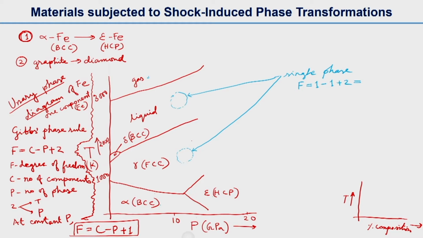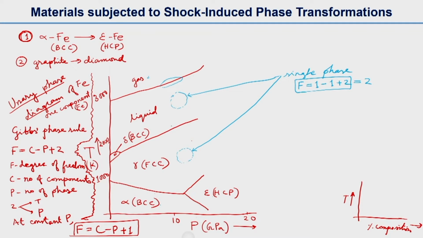Although I have two arrows here, we are talking separately about the liquid phase and the gamma phase. We can apply the Gibbs phase rule separately for each single phase region. This gives us F equal to 2.